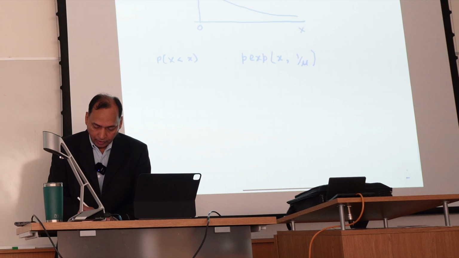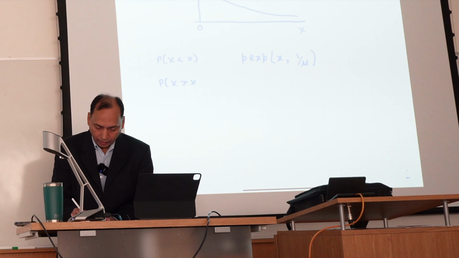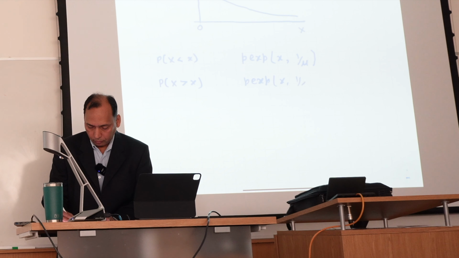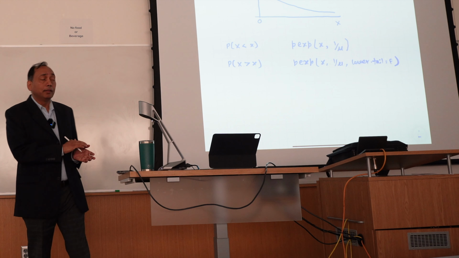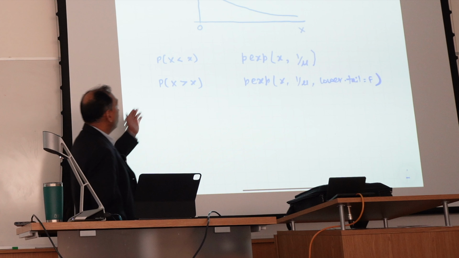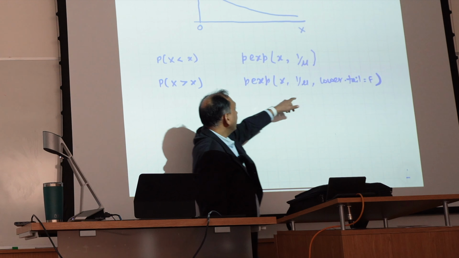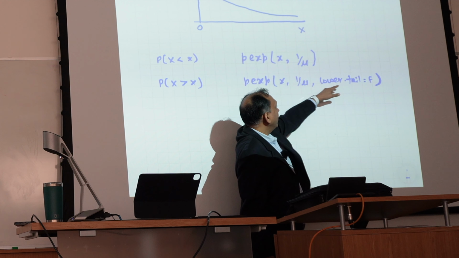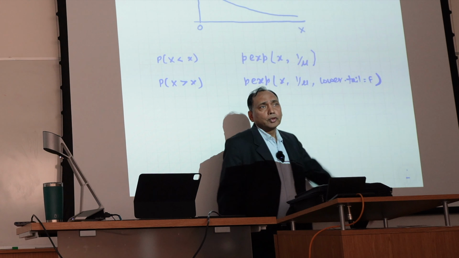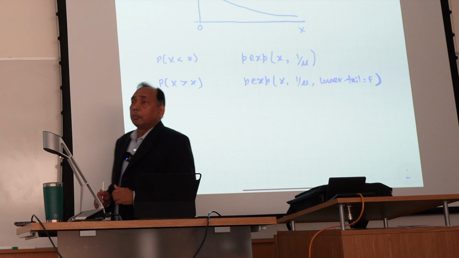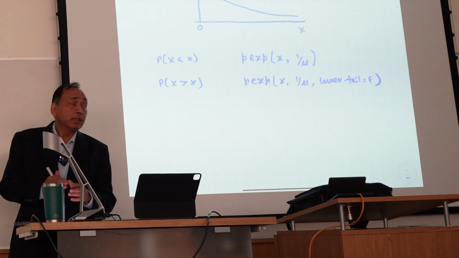If you are interested in the right tail, what is the probability of x more than x? Same idea. We are not interested in the lower tail, which is the default. It is the default here, that's why we don't have to write it. Even if you write lower tail equals true, you get the same answer, but because that's a default, we don't have to write it.